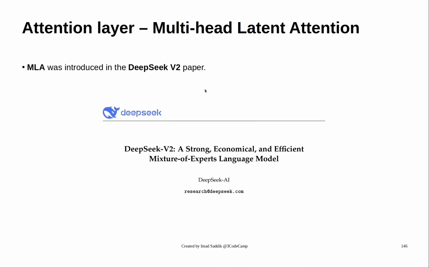I highly recommend reading this paper because they have explained in detail how they created this attention mechanism. They have shown all the mathematical equations, and they even have a graph that explains how it works under the hood. Click on the image if you want to read more about it.